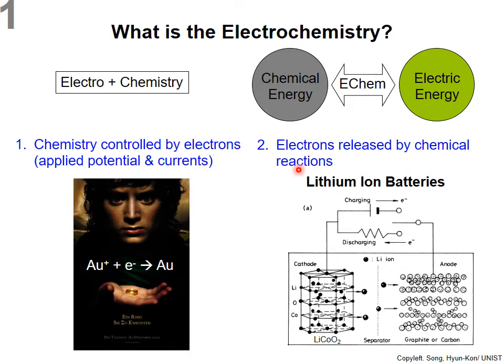So this second concept would be obtained by taking the second keyword as the driver, and the first keyword, electro, as the resultant process, the electricity. Okay, so let's go to the lithium-ion batteries.